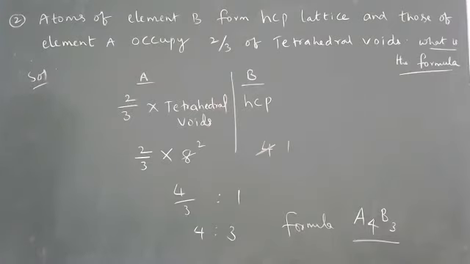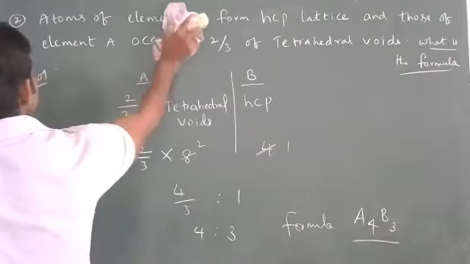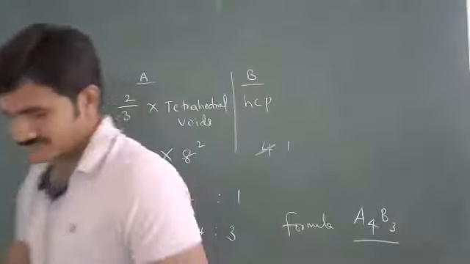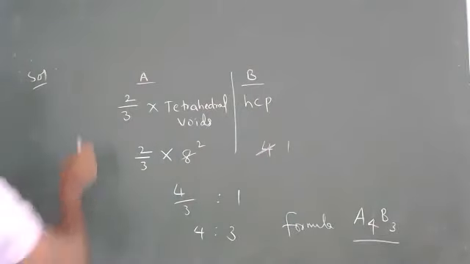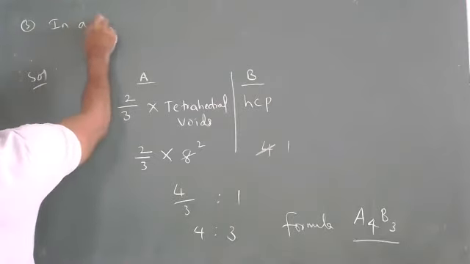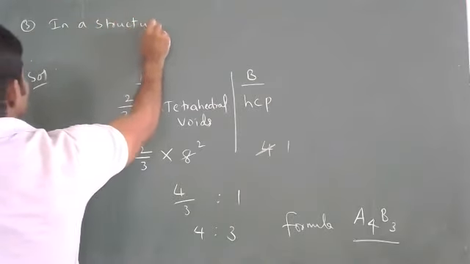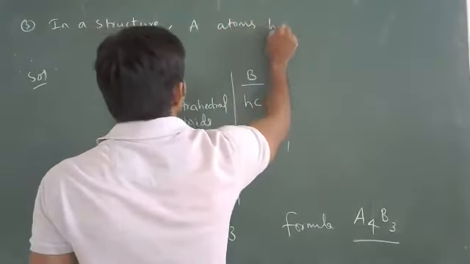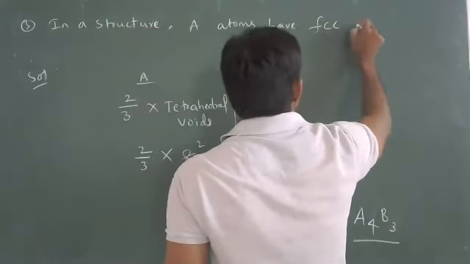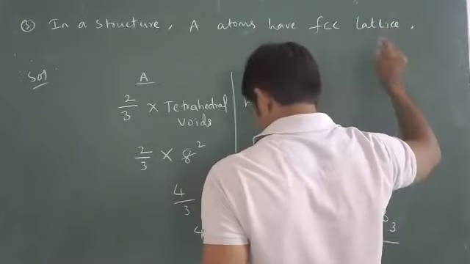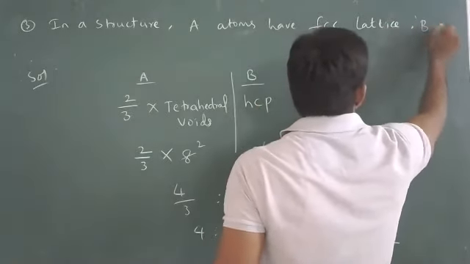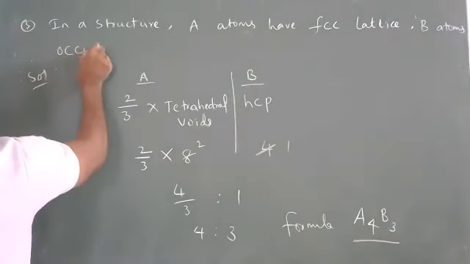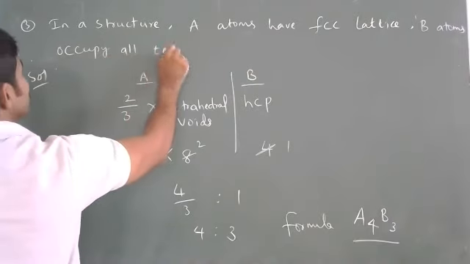Next item. Another problem. In a structure, A atoms have FCC lattice. B atoms occupy all tetrahedral voids.